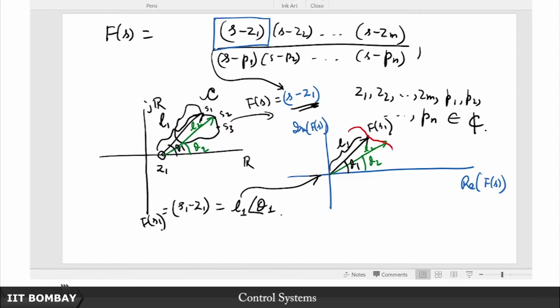So this is going to be the map. This contour I have drawn in black here maps to this contour I have drawn in red here, when your function F(s) is just a zero, just a linear factor in the numerator.